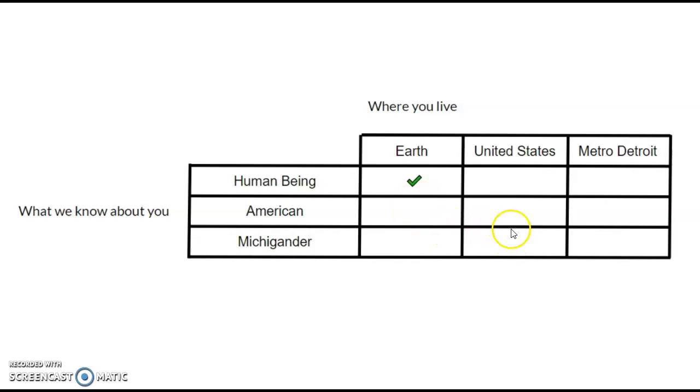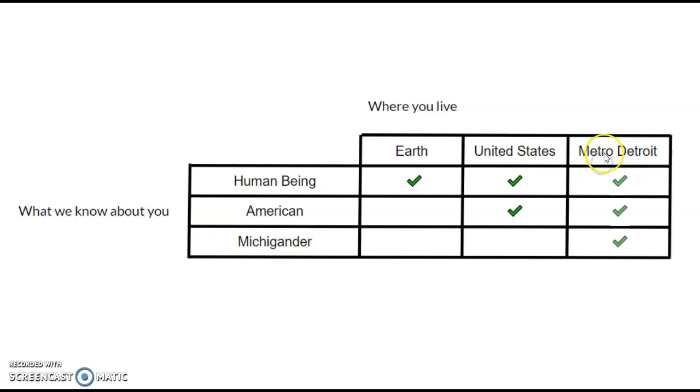But if you suddenly told someone you were from the United States, you still know that human being fact, but you're now able to say definitively that, yes, you are an American. But again, there are more places to live in the United States than just Michigan, so I'm not able to determine if you are for sure a Michigander.